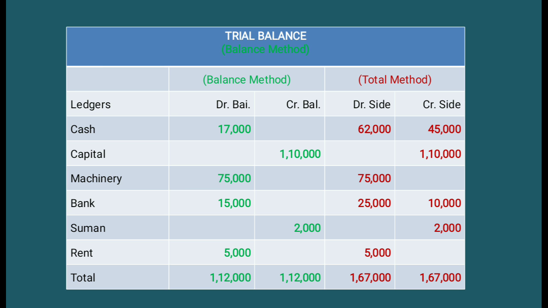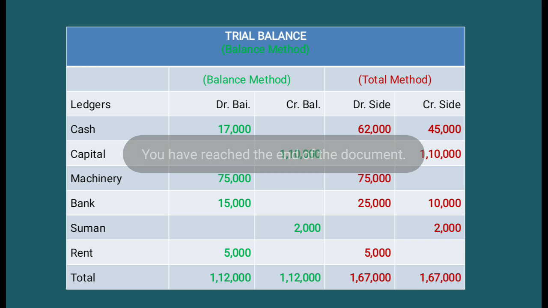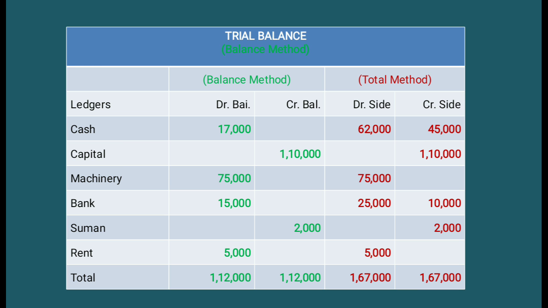The sums of the debit side and the credit side in both of the methods should be equal. But the figure of the balance method will be less than the total of the total method. So it was your trial balance. Hopefully you will understand the concept and you will revise the terms.